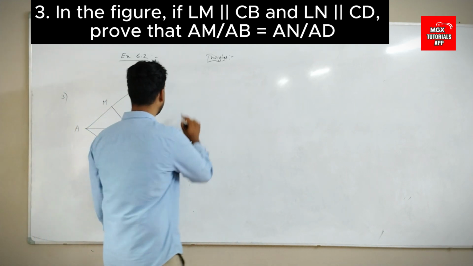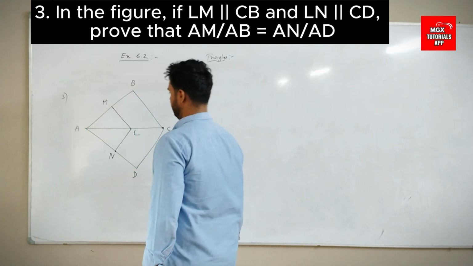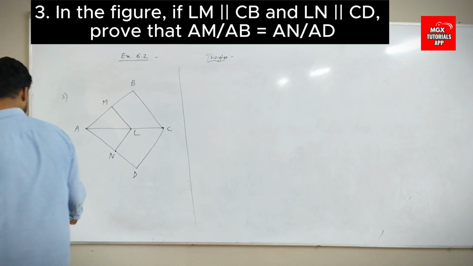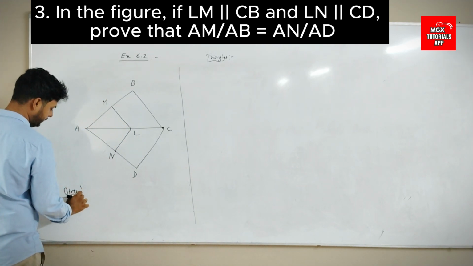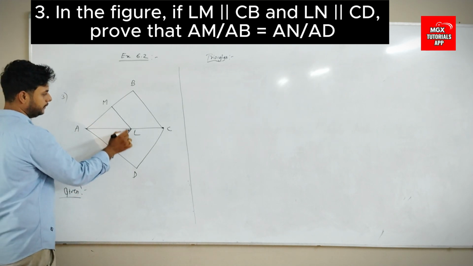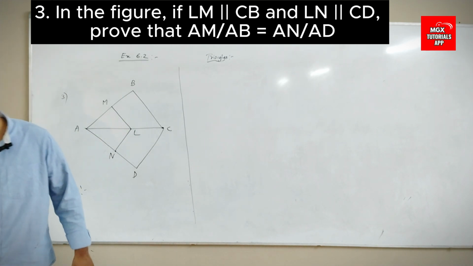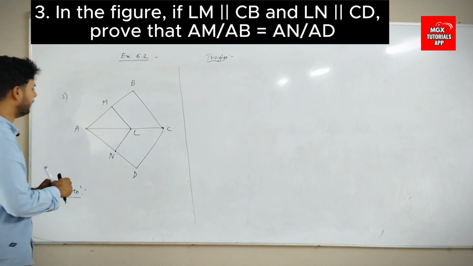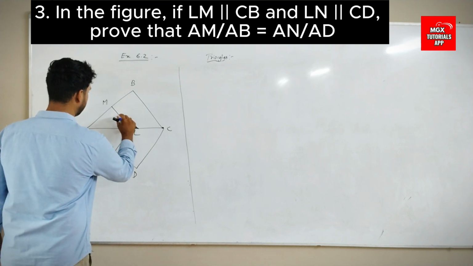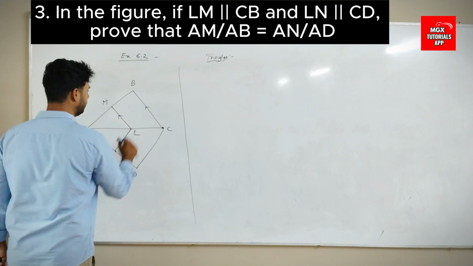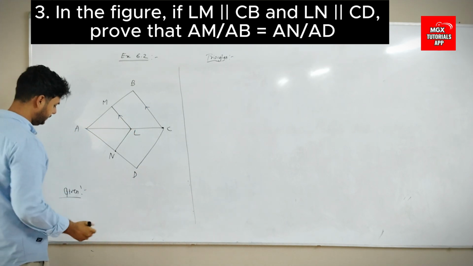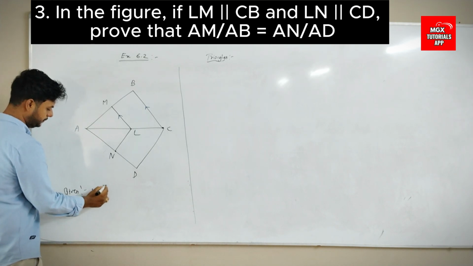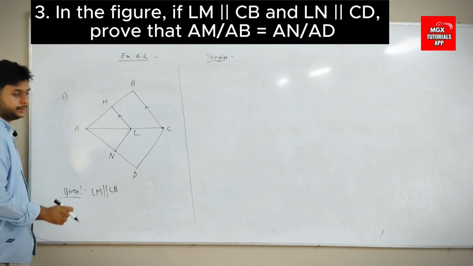Read. In figure 6.1, LM is parallel to CB and LN is parallel to CD. Study one second. LM is parallel to CB side.